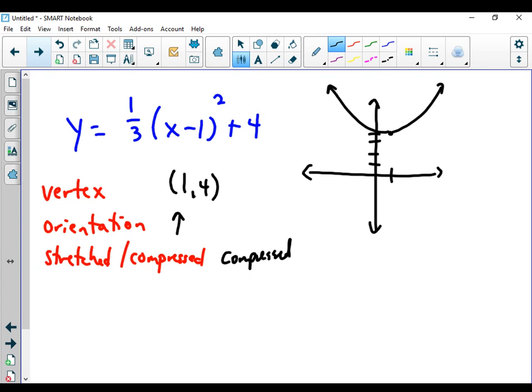So I'm going to give you a couple equations here. I'm going to see if you can sketch these without using your graphing calculator. Once you've sketched it, then type it into your calculator and see if you've actually made one that looks like what you thought it was going to look like.